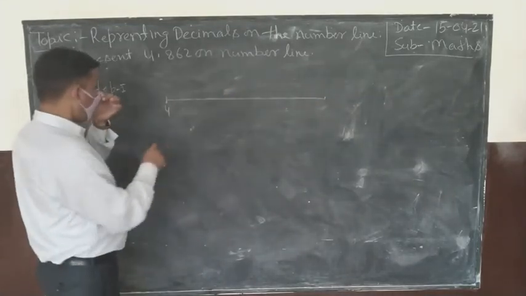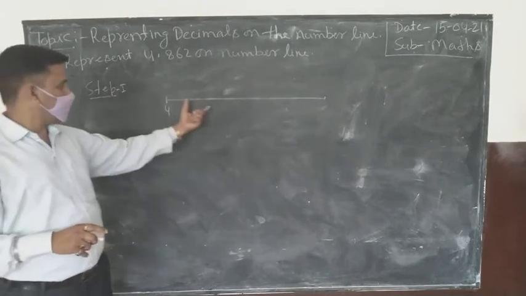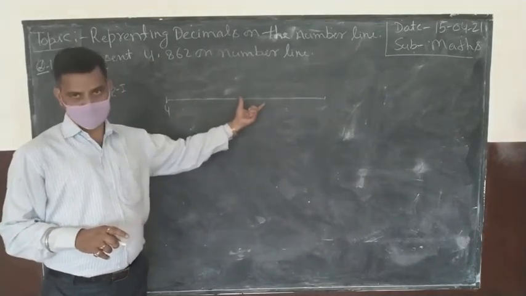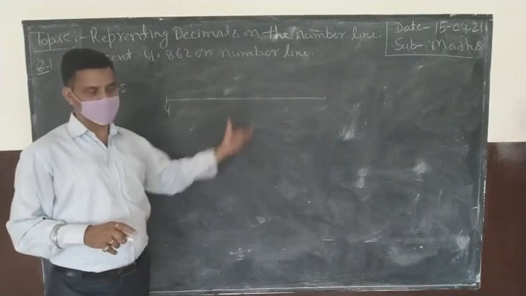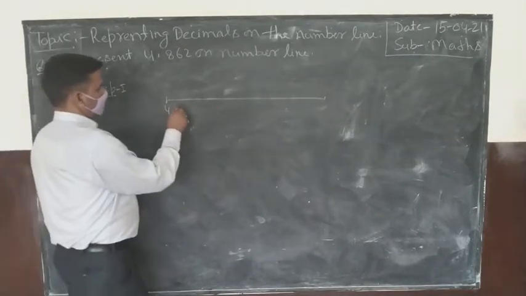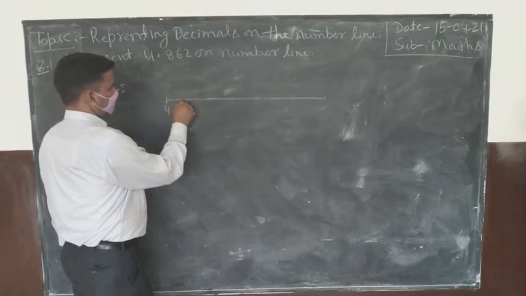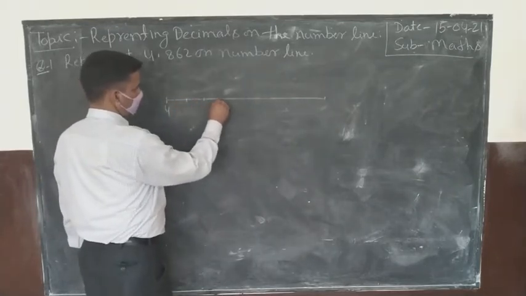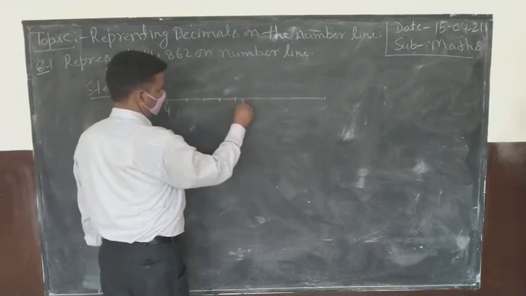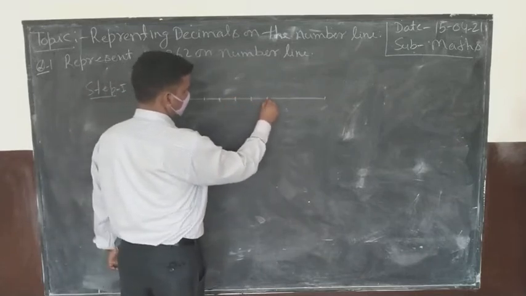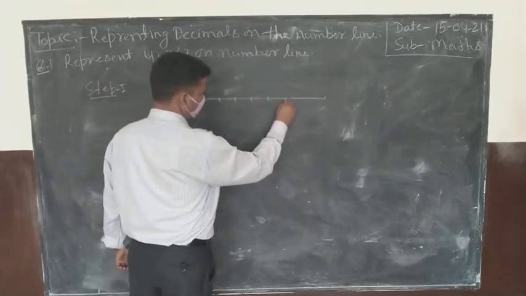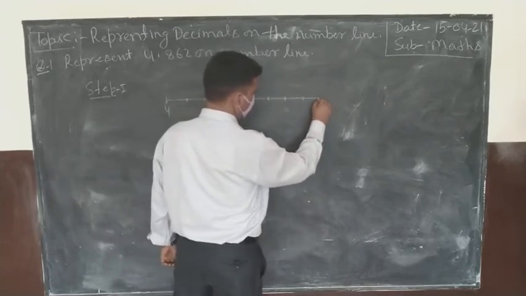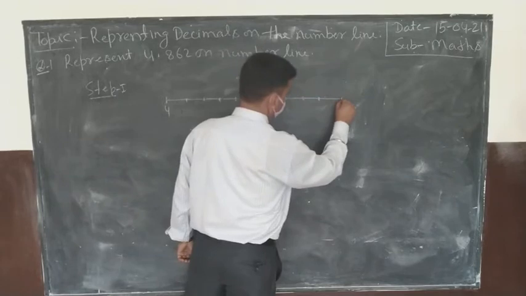Then you divide this line into 10 equal small divisions. 1, 2, 3, 4, 5, 6, 7, 8, 9, and 10.